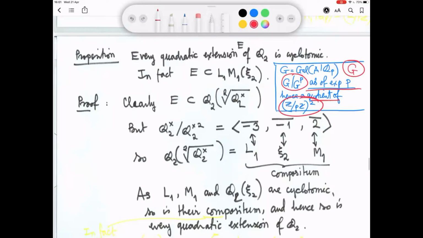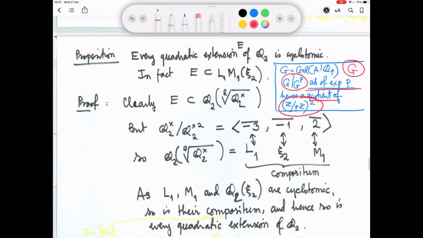If you join a square root of -3, you get the unramified extension L1. If you join a square root of -1, you get Psi2. And if you join the square root of 2, you get M1. This needs to be checked.